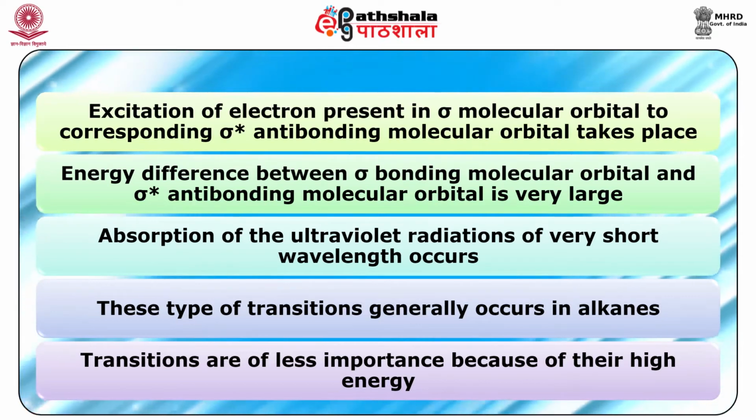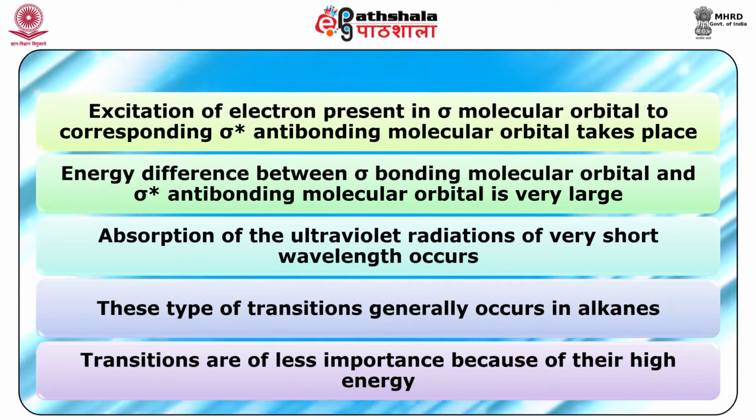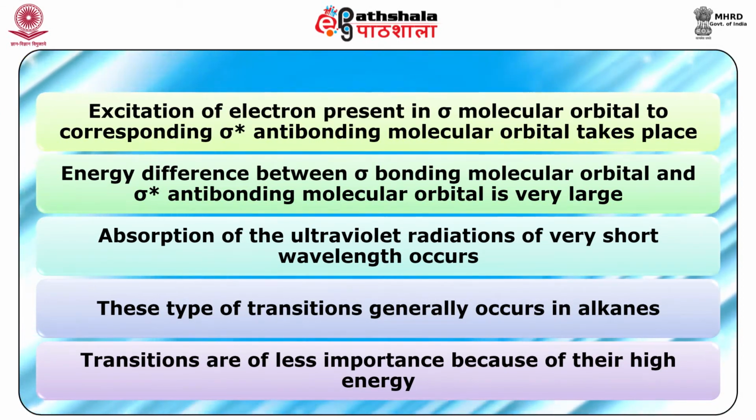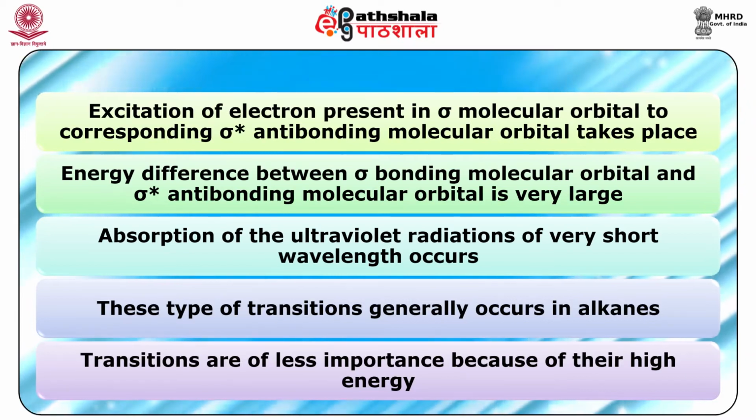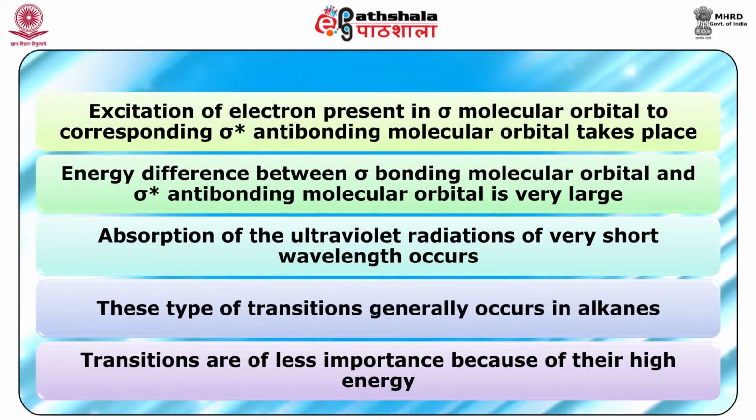As you can see in the figure, the energy difference between the sigma bonding orbital and the sigma star anti-bonding orbital is very large. So, these types of transitions require very high energy and thus absorb ultraviolet radiation of very short wavelength.